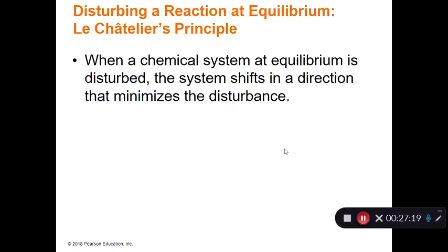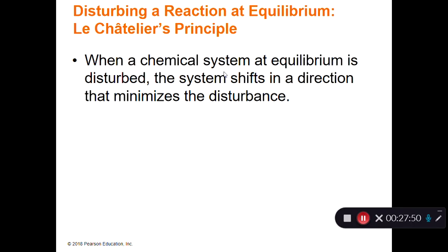And finally, in this chapter, we are going to work on one principle in chemical equilibrium, studied by one French scientist, the Le Chatelier principle. It says when a chemical system is at equilibrium, it means we have equilibrium system, and we disturb that one.